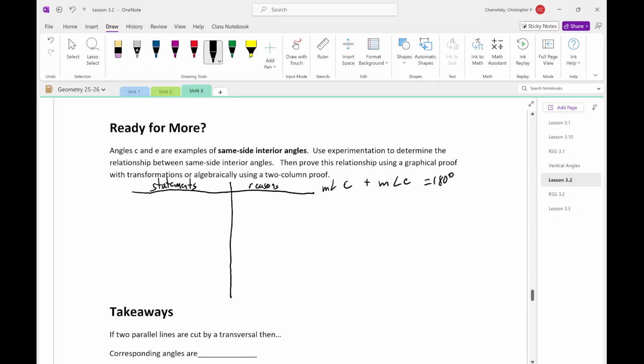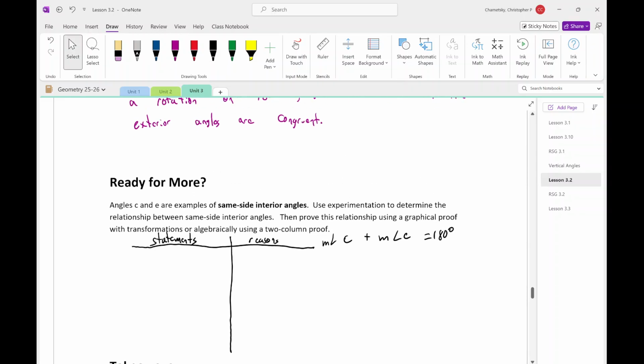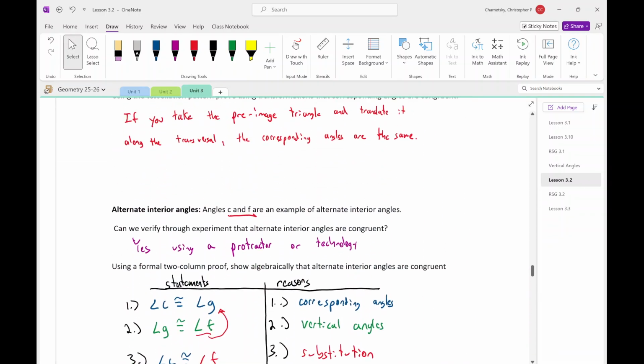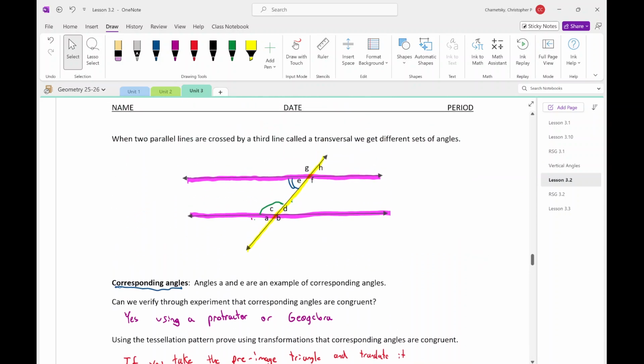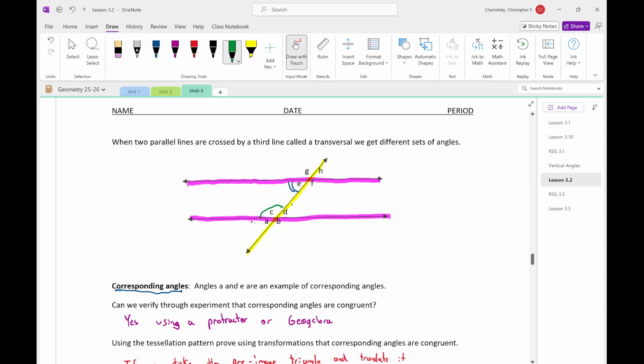Well, let's start with angle C. If we start with angle C, another angle that we know is congruent to angle C is angle G. Okay, those are corresponding angles. And then when we put E and G together, they make 180 degrees because they are on the same line.